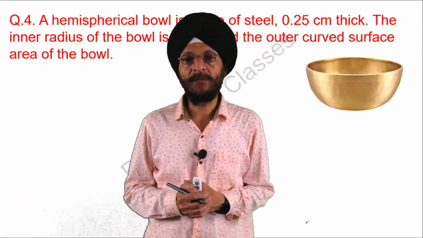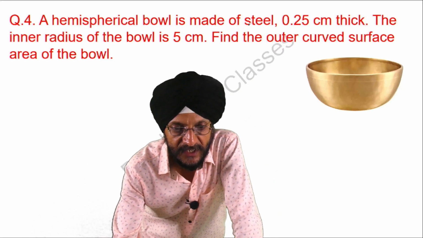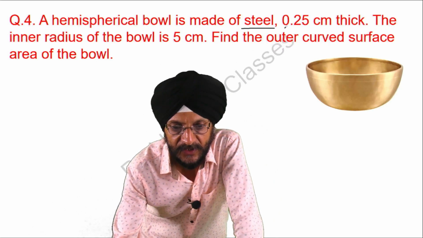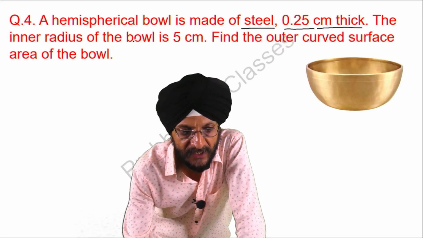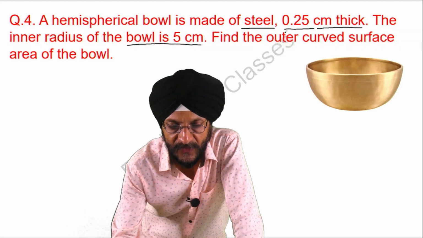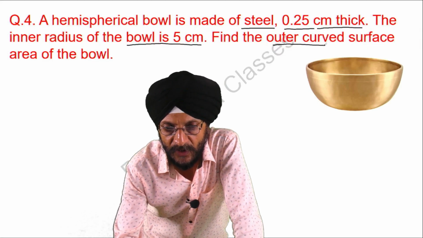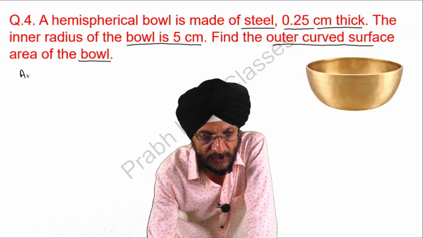Now the question before us is: a hemispherical bowl is made of steel 0.25 centimeter thick. The inner radius of the bowl is 5 centimeter. Find the outer curved surface area of the bowl. Now what is given to us?